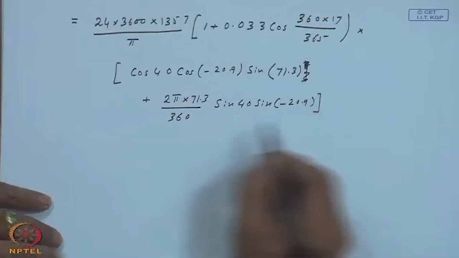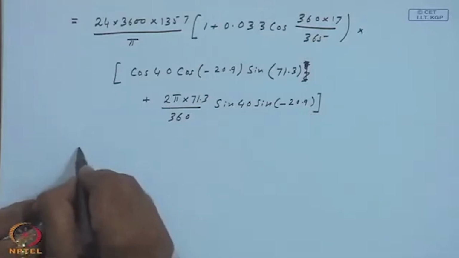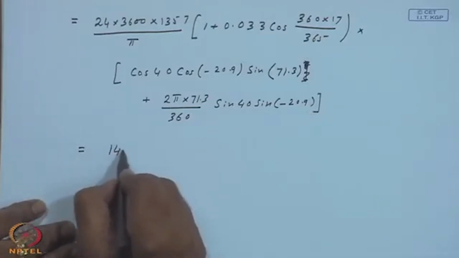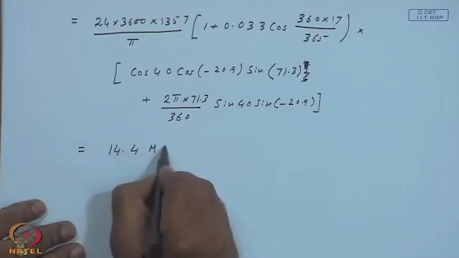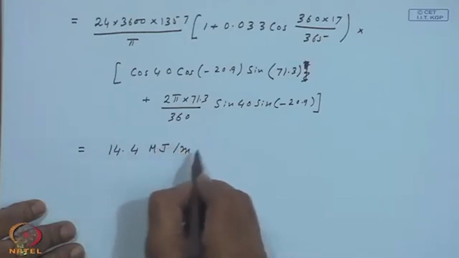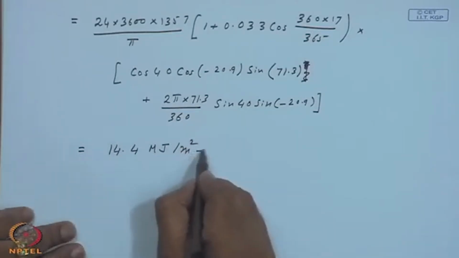You can check with your relation, which we have given n number of times, that comes to 14.4 megajoules per meter square day.